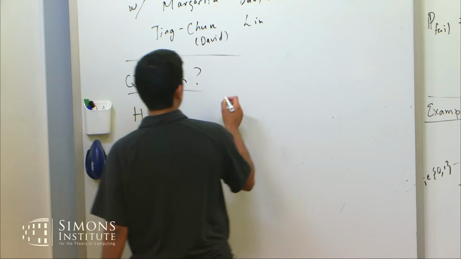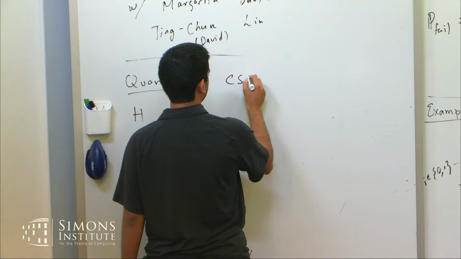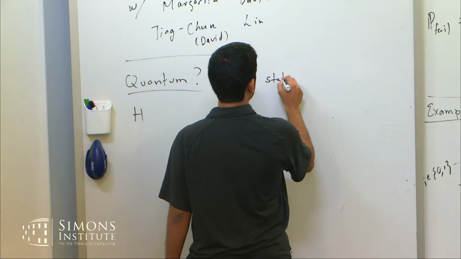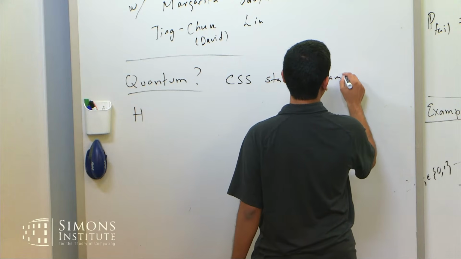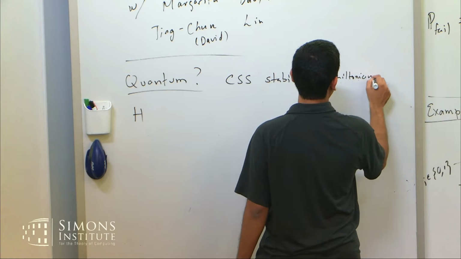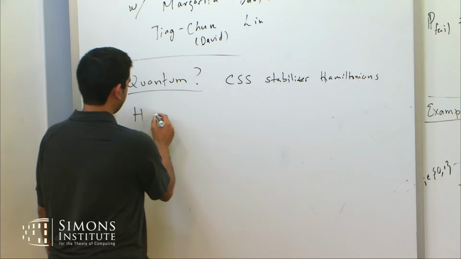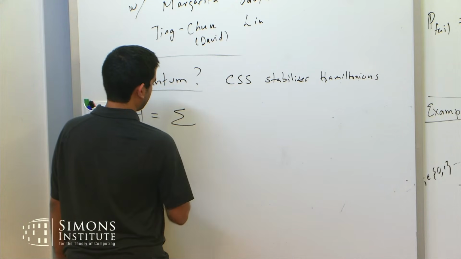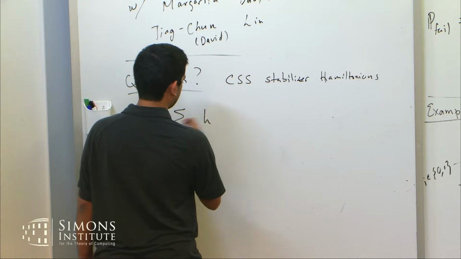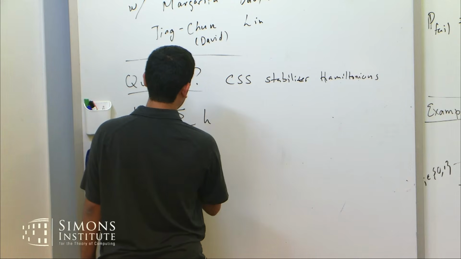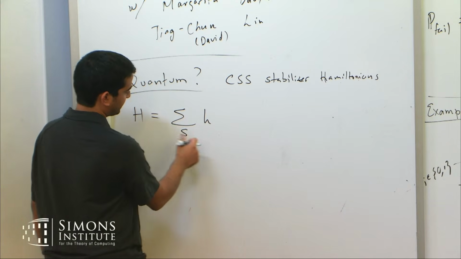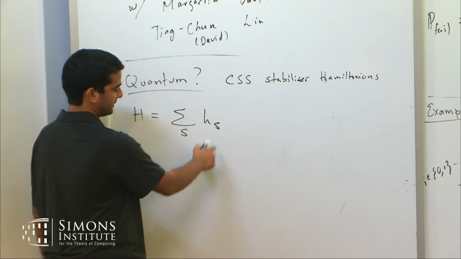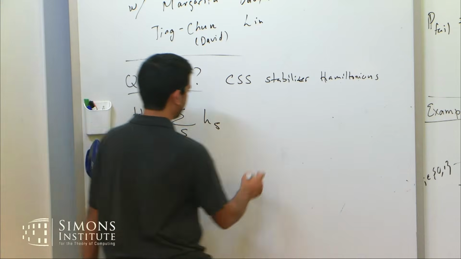And for simplicity, we're going to restrict ourselves to CSS stabilizer Hamiltonians. These are Hamiltonians which are sums of stabilizer terms. So you have some lattice of qubits, these are subsets of the lattice, and this is some stabilizer defined on the subset.